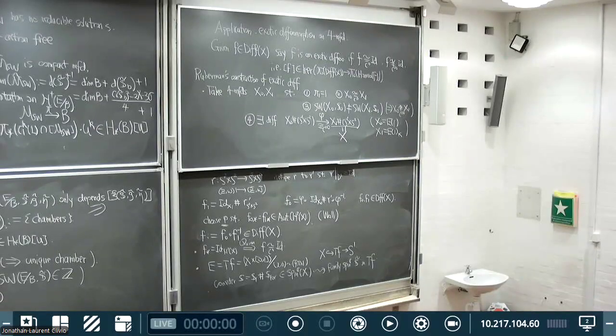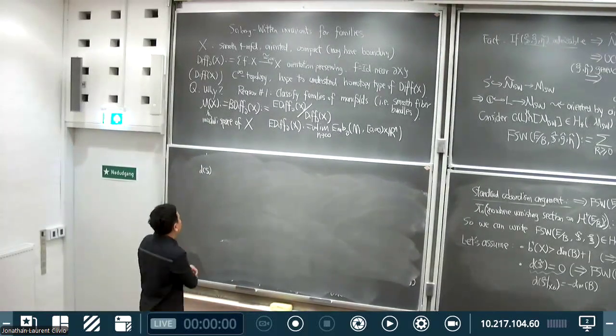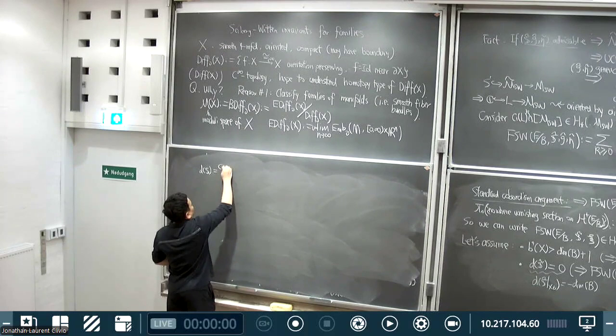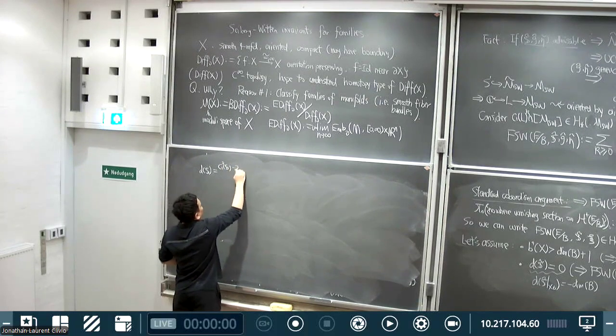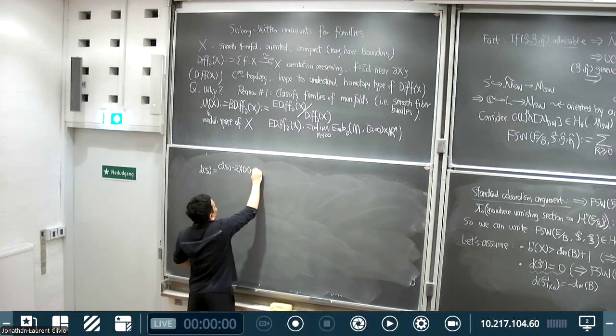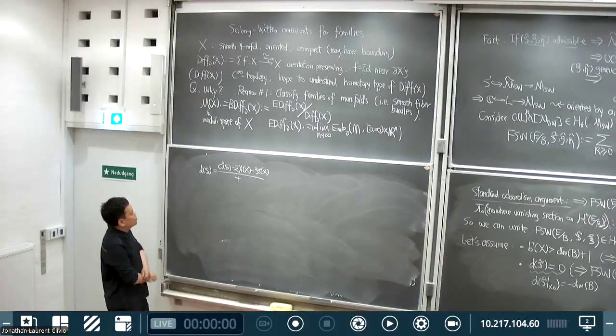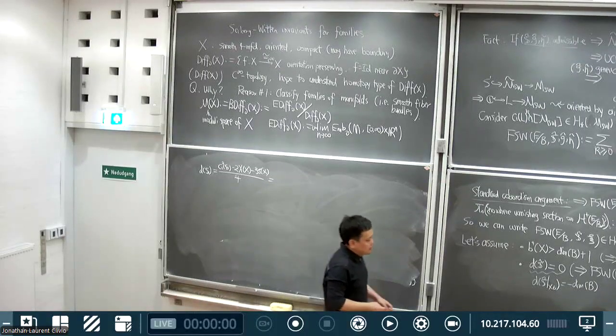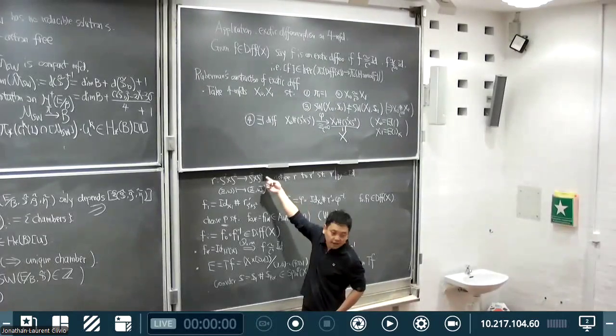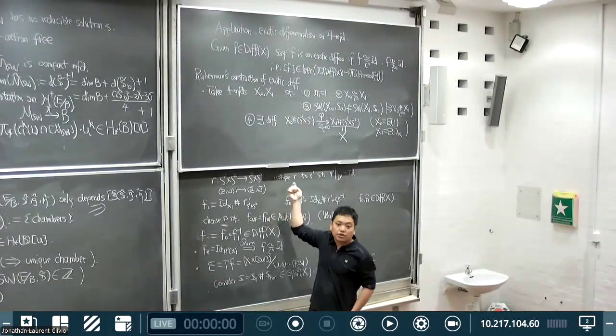So let's compute the expected dimension of this. This is P1 of x squared minus 2x. Now let's see what happens when we take a connected sum with S2 times S2, right?